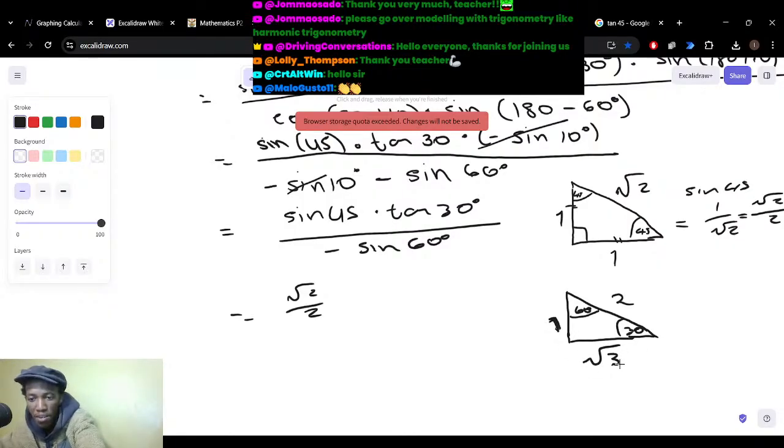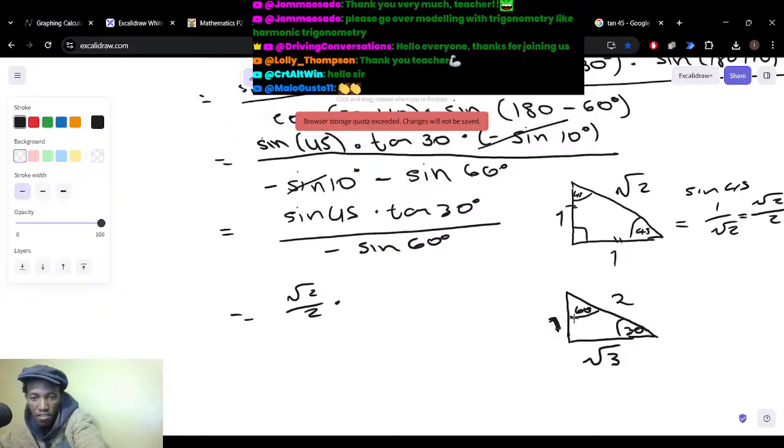Because 1 squared plus square root 3 squared is equal to 2 squared. 1 squared is 1, plus square root 3 to the power of 2 is 3. So 1 plus 3 is 4. 2 squared is what? 4.